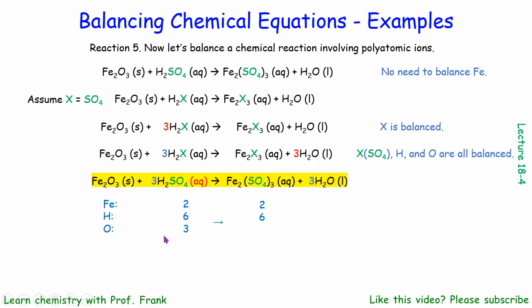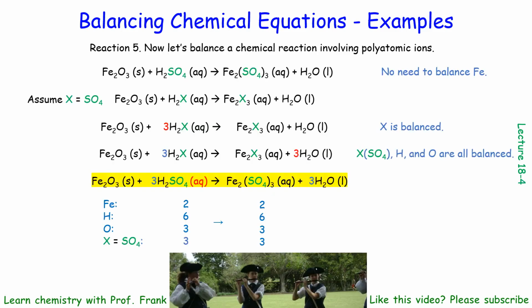Before the reaction, that's 3. After the reaction, that's also 3. Now the number of the polyatomic ion, the sulfate. Before the reaction, we have 3, and after the reaction, we also have 3. So this reaction is already balanced.